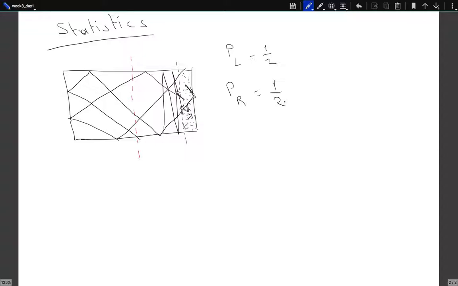That's because we are picking a random time, and we know that all the particles spend half of their time on the left and half on the right. Now let's ask this question: what is the probability that n of these particles are on the left?